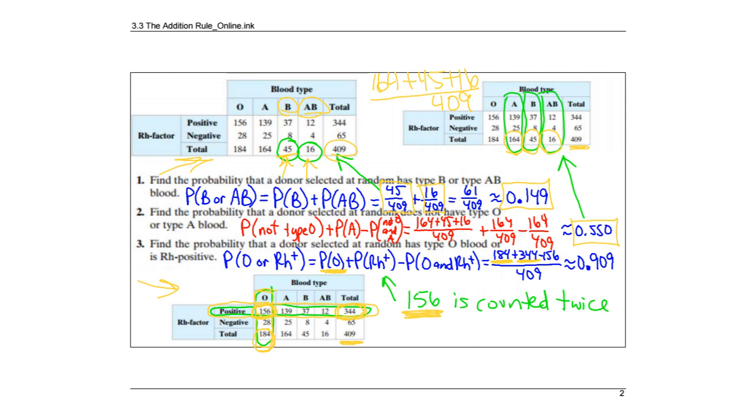And then because the 156 is counted in the 184 and also counted in the 344, I need to subtract one of those counts out because it's double counted. That's right here, subtracting 156, put it all over 409. And oh my goodness, after all that, I get 0.909. That's very high. So the probability that a donor selected at random has type O blood or RH positive is 0.909.